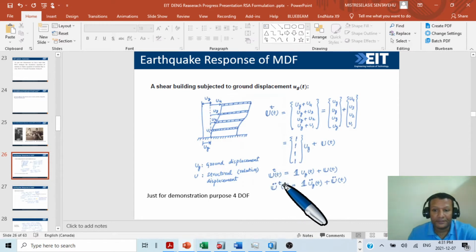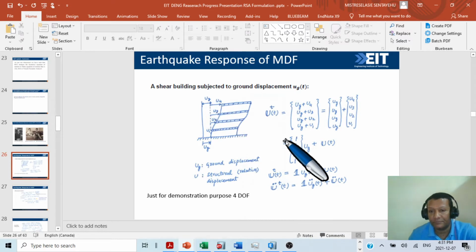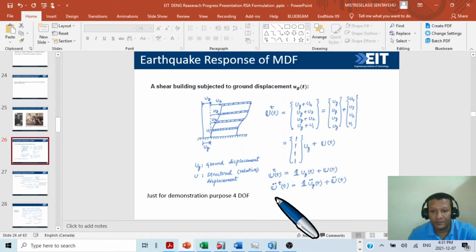So U total is equal to ground displacement plus structural displacement. Once we have the displacement, with double dots we can also have the acceleration directly.